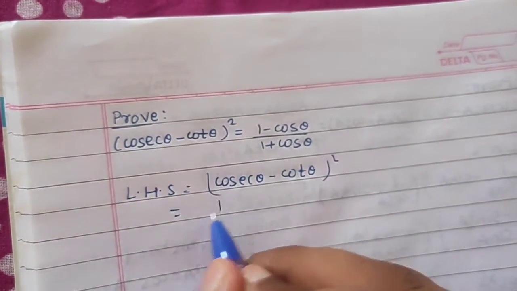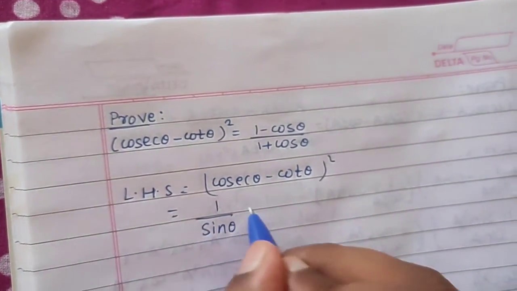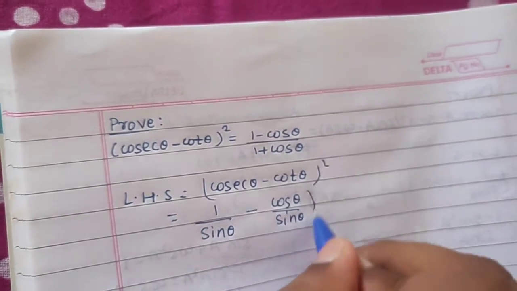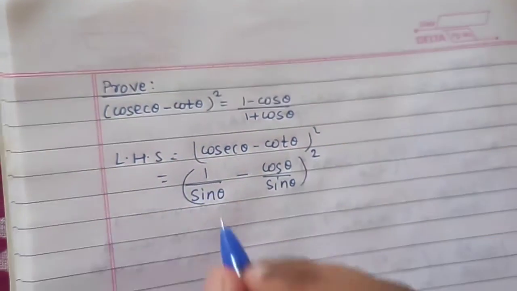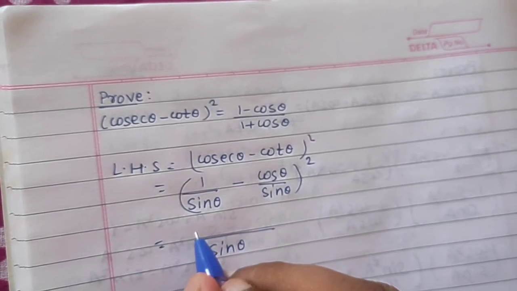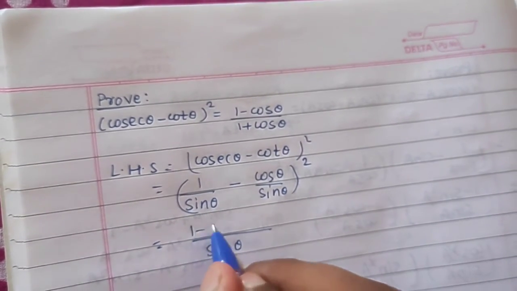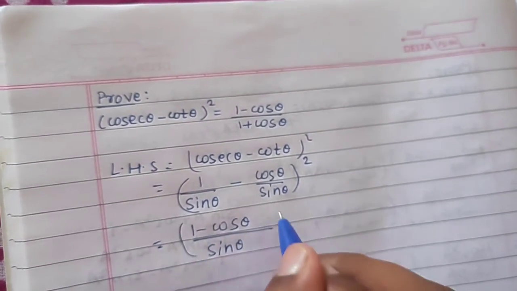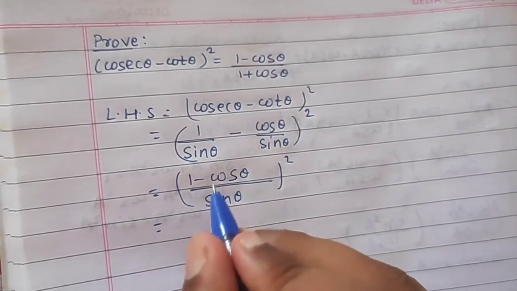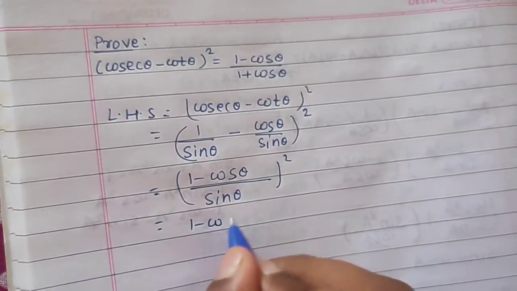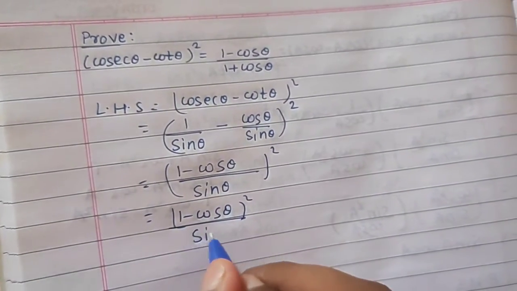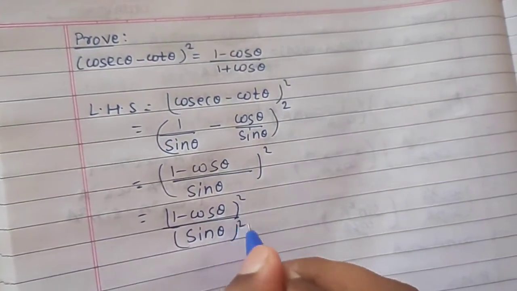Now you all know cosec theta is 1 upon sin theta, cot theta is cos theta upon sin theta, its whole square. So this is (1 minus cos theta) divided by sin theta, the whole square. Now (1 minus cos theta) whole square, I can separately give the square to both the numerator and denominator.